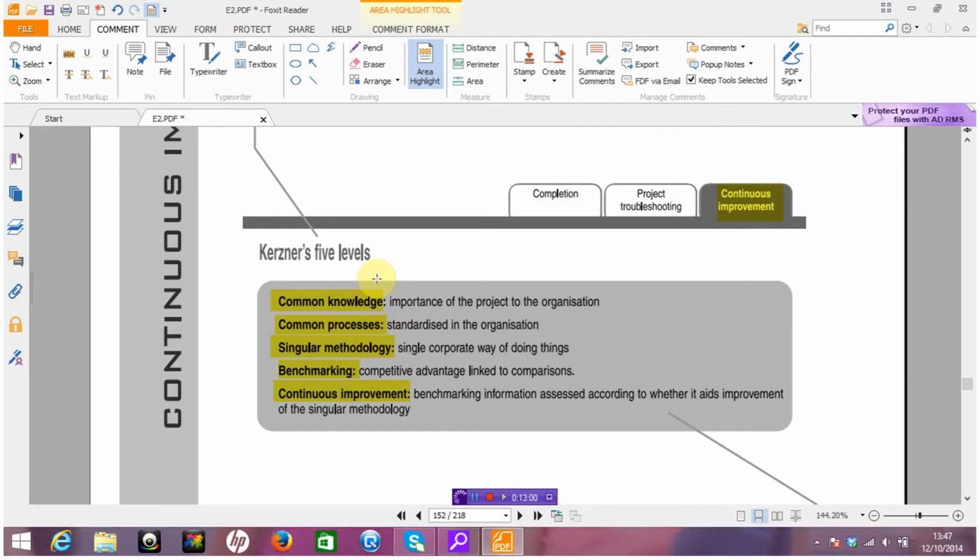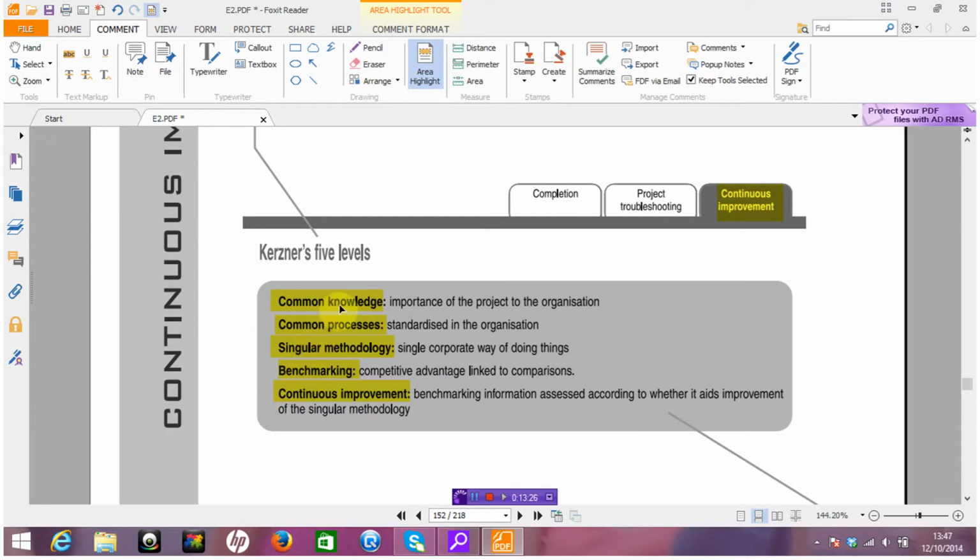I think the important thing to recognize is that each of these 5 levels is geared to approaches to project management within a given organization. And really what an organization would be looking to do is go from level 1 of common knowledge through to what we would call a state of continuous improvement.